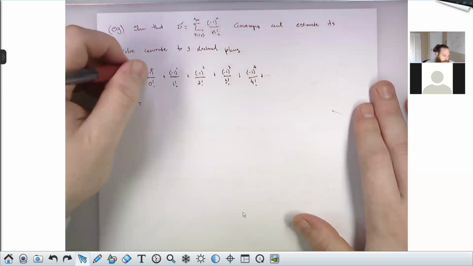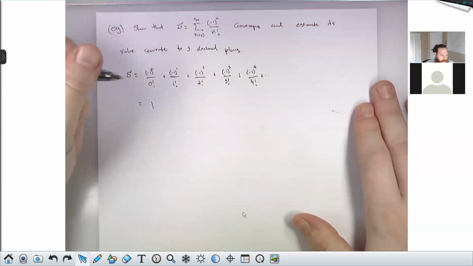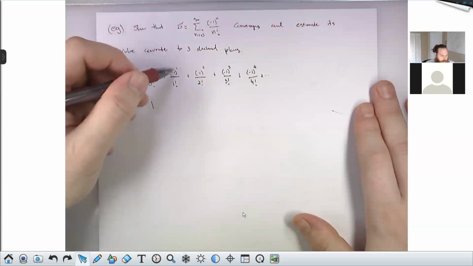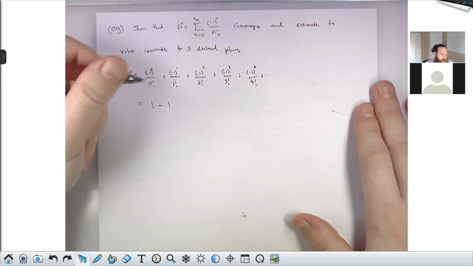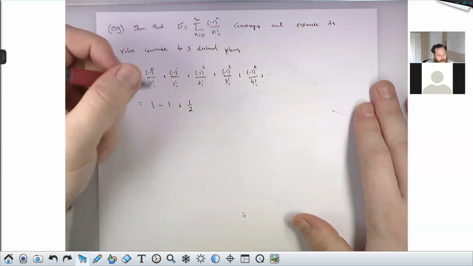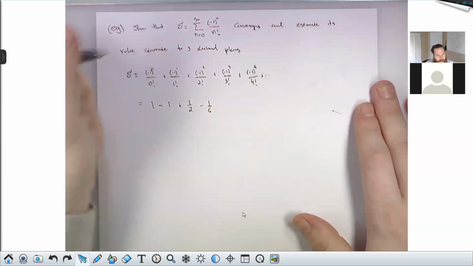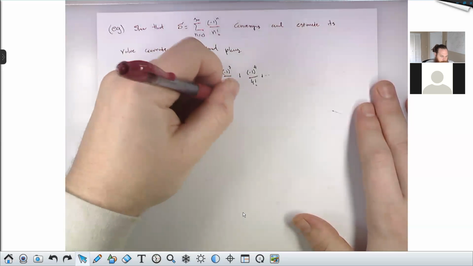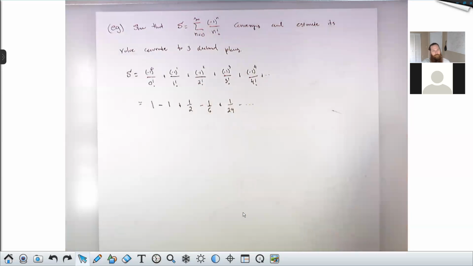Negative 1 to the 0 is 1, and 0 factorial is 1, so the first term of the series is 1. And then negative 1 to the 1 is negative 1. 1 factorial is also 1, so it's minus 1. And then plus 1 over 2 factorial. 2 factorial is 2. Minus 1 over 3 factorial. 3 factorial is 6. Plus 1 over 4 factorial. 4 factorial is 24, and so on. And the first two terms eat each other up, they're gone.